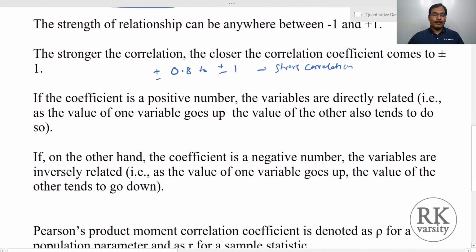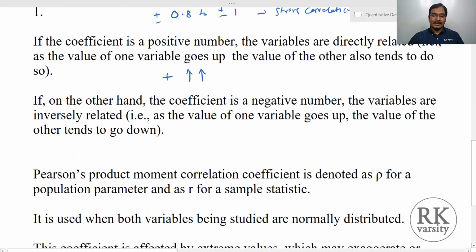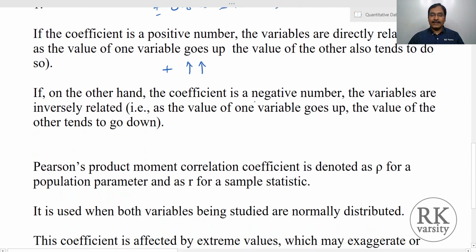Now a positive correlation, in the sense plus sign, indicates directly related. As the value of one variable goes up, the value of the other also tends to go up. In a positive correlation, you will find both variables are moving in the same direction. They are moving in tandem. On the other hand, if there is a negative number, that is a negative correlation, then your variables move in opposite directions.